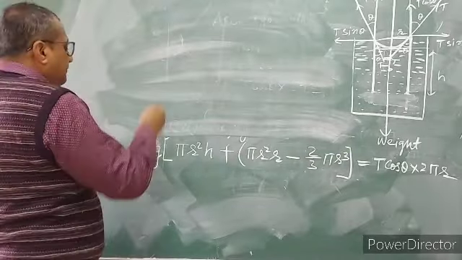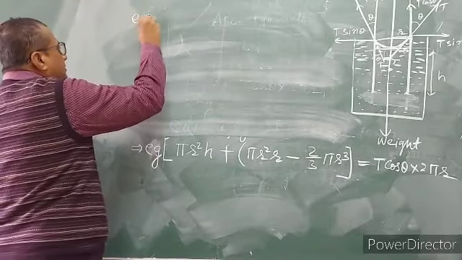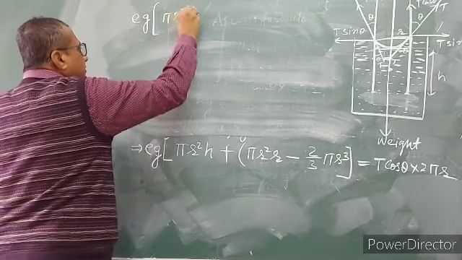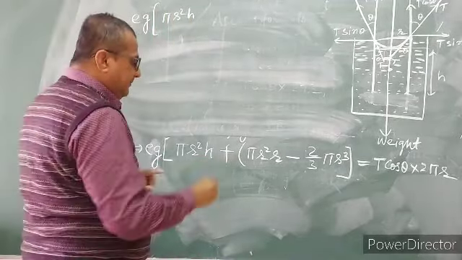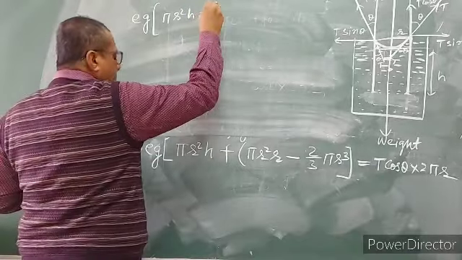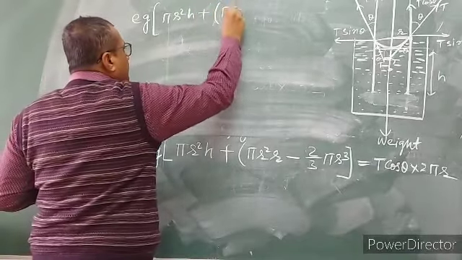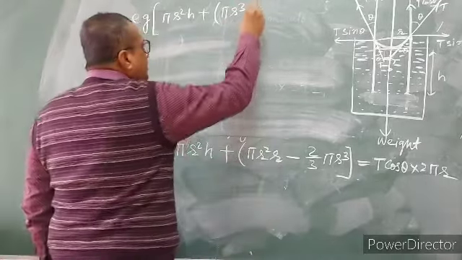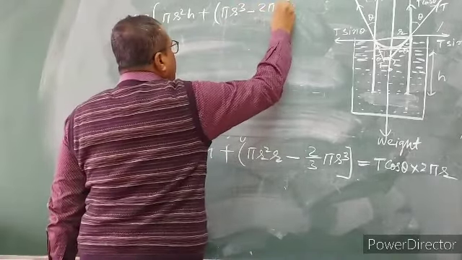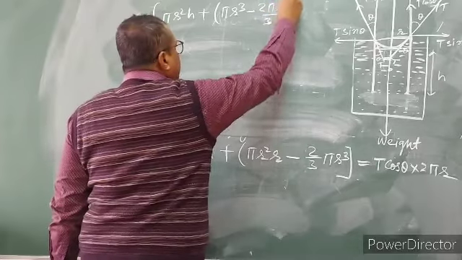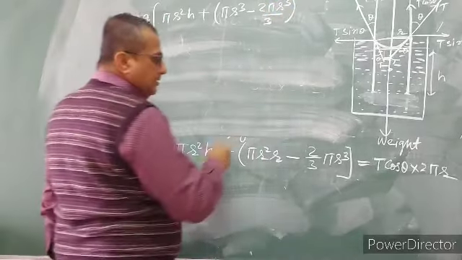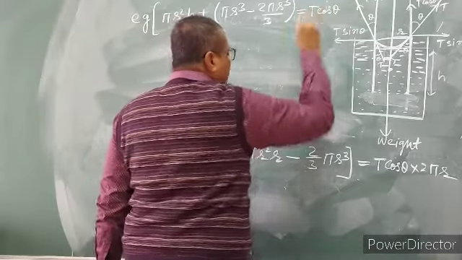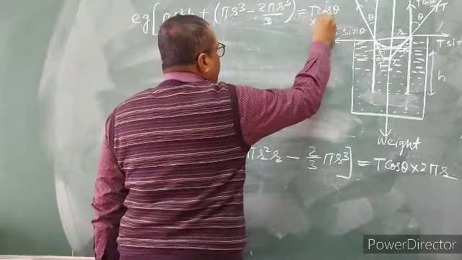This will be equal to rho g, pi r square h plus pi r cube minus 2 pi r cube by 3, is equal to T cos theta into 2 pi r.